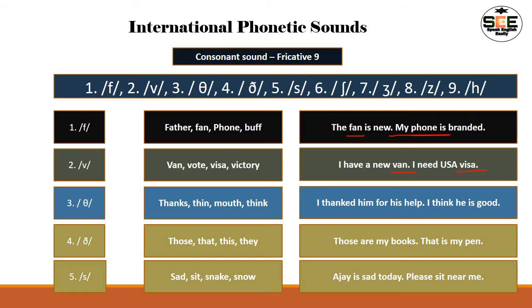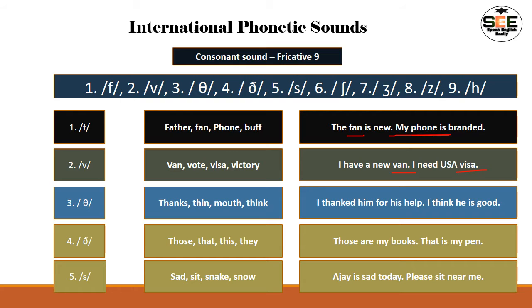Yes friend, so now if we see the next one, it is the th sound, as in thaw. It is symbolized as theta with a cut through it, and this is the th sound. So we have some words for that so that we can understand it. For example, thanks.